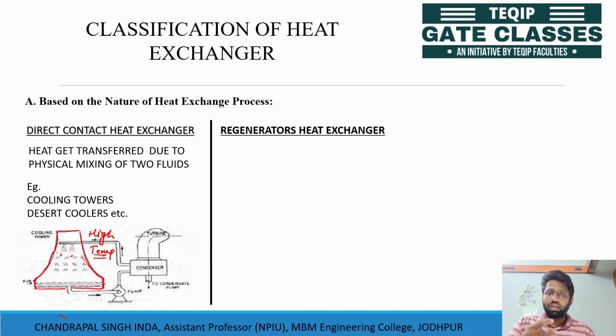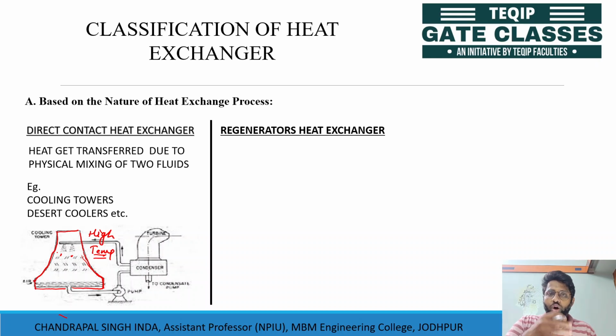The matrix stores the heat from the hot water, and this time period is known as the charging period. Meaning the matrix is getting the heat from the hot water.